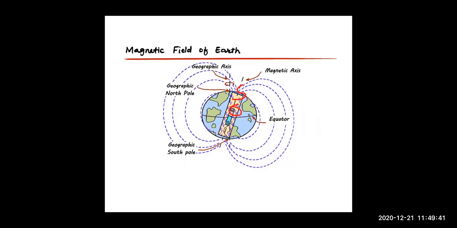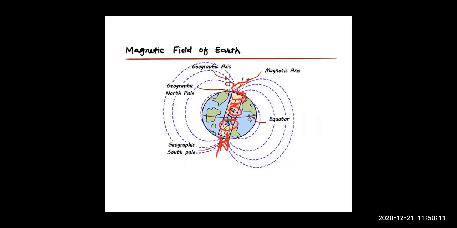Similarly, as the bar magnet's south pole rests here, the north pole of the big imaginary bar magnet should be here, which is attracting the south pole of the freely suspended small bar magnet. It means that this is the south pole and this is the north pole of this big imaginary bar magnet.